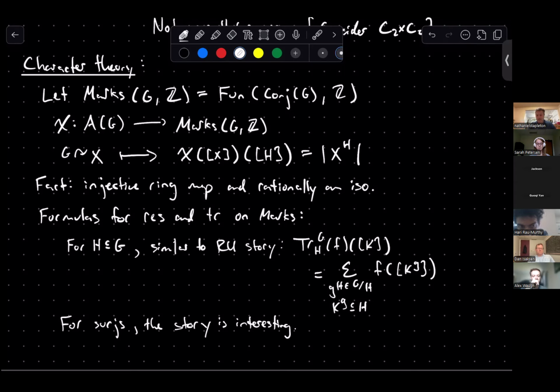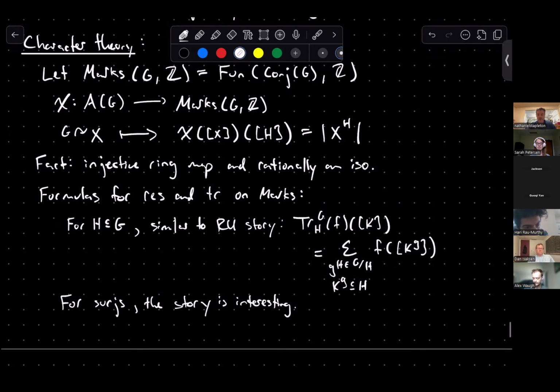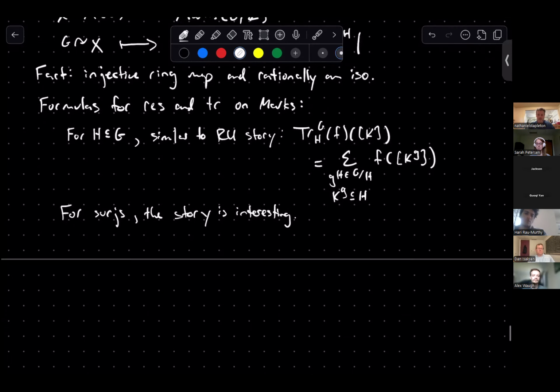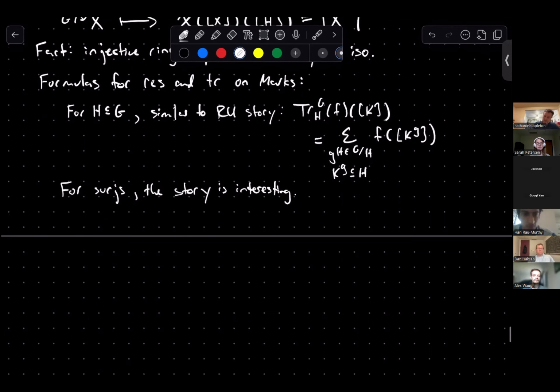And there's sort of hope that you might be able to come up with a more elegant formula. And the reason there's hope is because in one case, there's an extremely elegant formula. And that's the case for the transfer from G to the trivial group. So if I have some element in marks of G, and I'm interested in the transfer from G to E, there's only one thing I can evaluate it on.